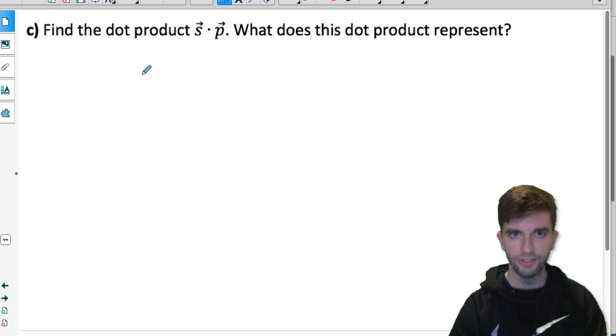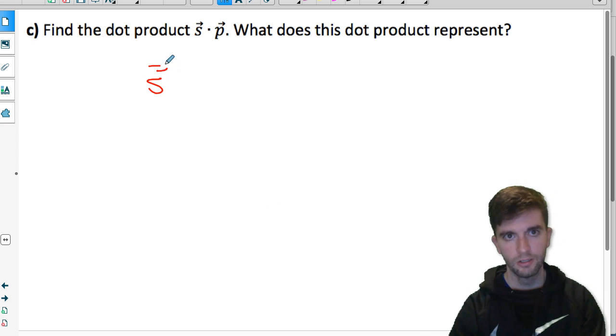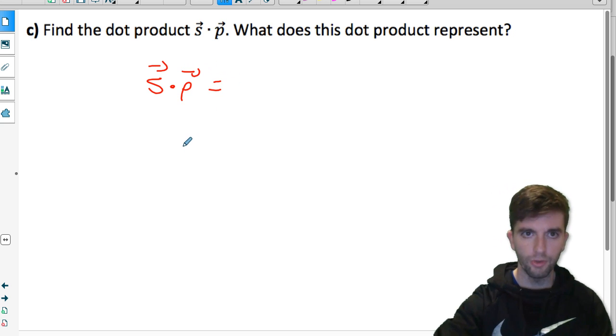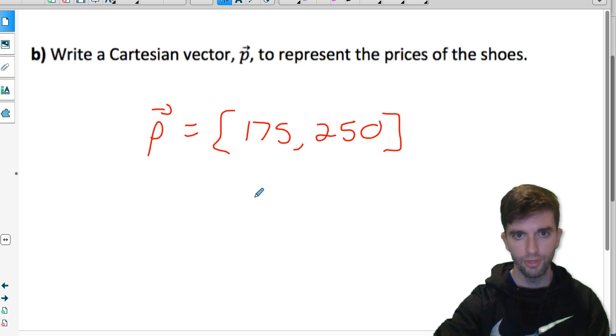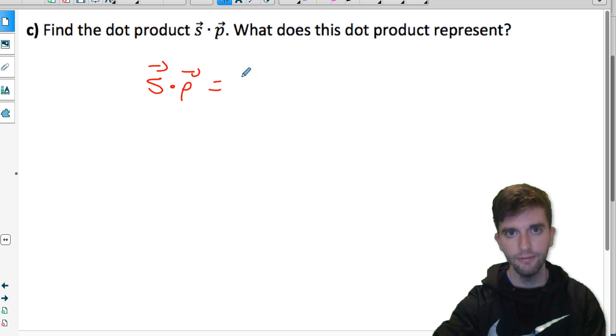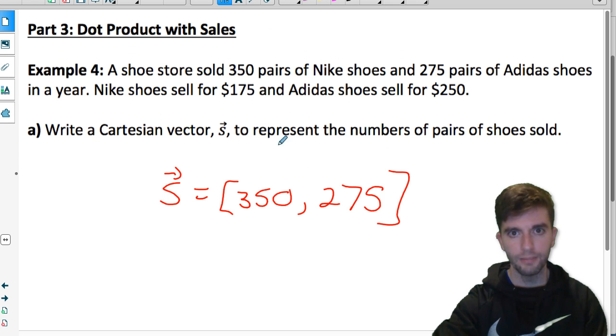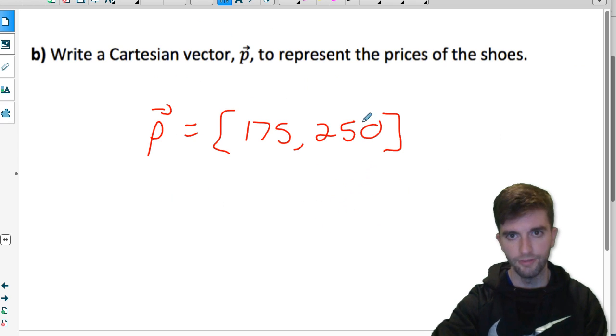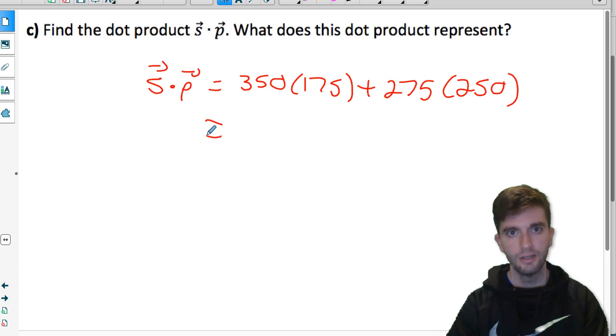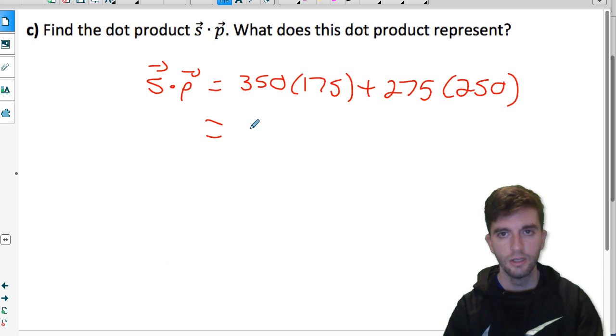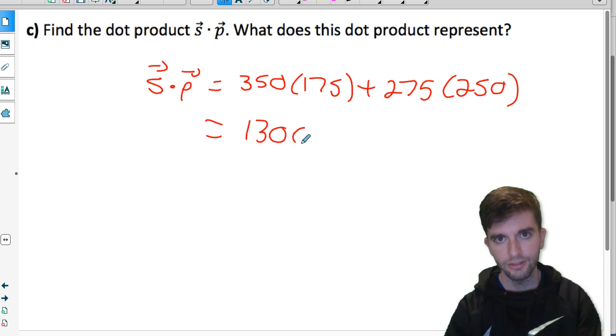Part C says find the dot product, S dot P. So S dot P would equal, I would need to multiply the x components. So 350 times 175, plus multiply the y components. So 275 times 250. And now I can just evaluate this product, and I get 130,000.